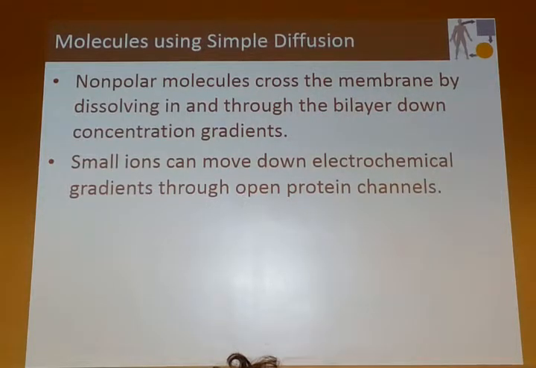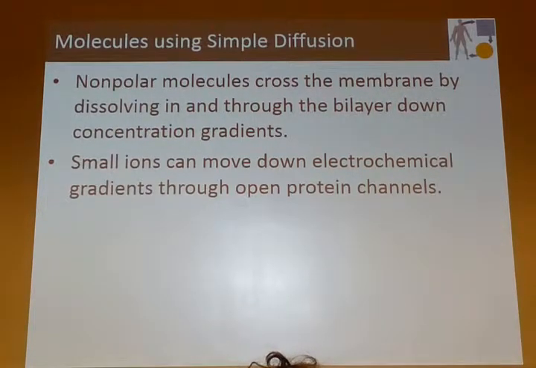Then you can open channels that will allow a lot of sodium to go into the cell, or channels that will allow a lot of potassium to leave the cell. You could also do something to other channels, like calcium channels and chloride channels, that we'll talk about when we get into the nervous system.